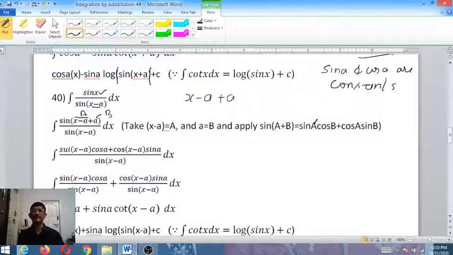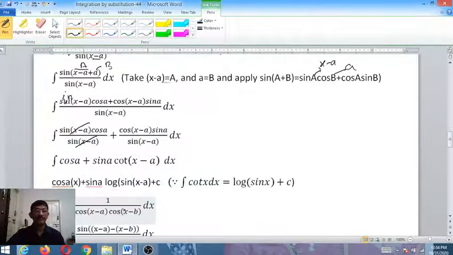In the place of x, you are having x minus a. In the place of b, you are having a. So again it is sin x minus a cos a plus cos x minus a sin a. Divide each term by the denominator, you can cancel again. Cos by sin, it is cot.